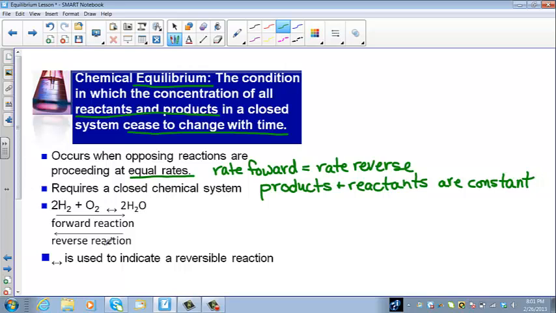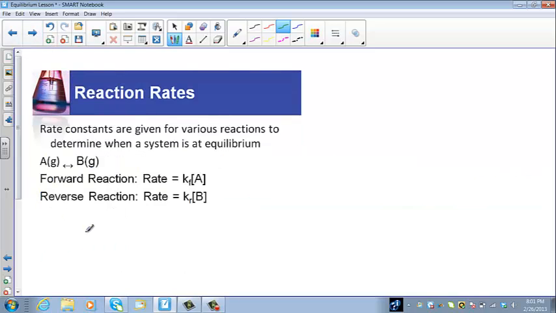It requires a closed system. So what we can say is if we have H2 gas and O2 gas forming H2O, the rate at which hydrogen and oxygen are combining to form water is equal to the rate at which water is breaking down again to form oxygen and hydrogen in a closed system. And again, the double arrow is used to indicate the reversible reaction.